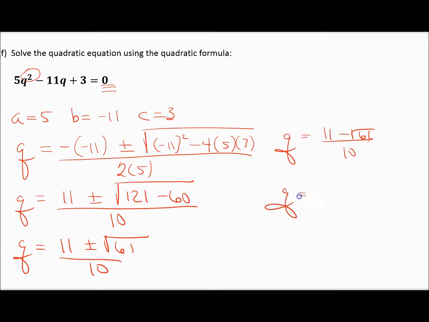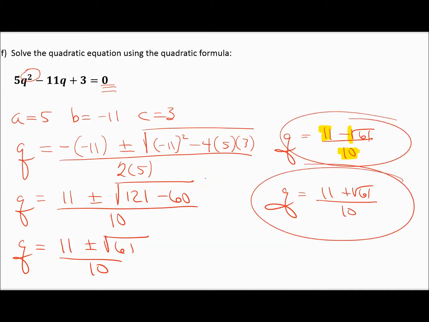And q is equal to 11 plus the square root of 61 over 10. Unlike the last example where this value, let me show you again, this value, the value in front of the 61, and this value don't have any common factors but 1. Therefore, this is not going to simplify at all. We're just finished with this quadratic equation.